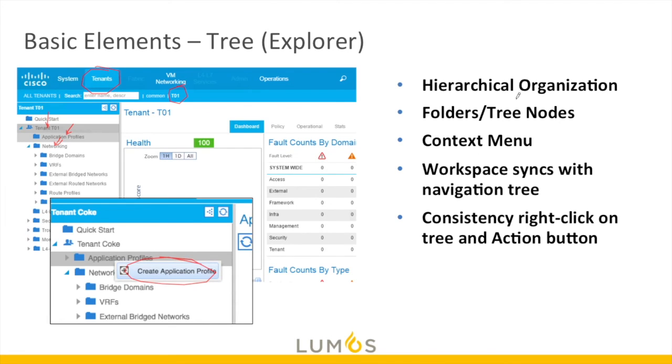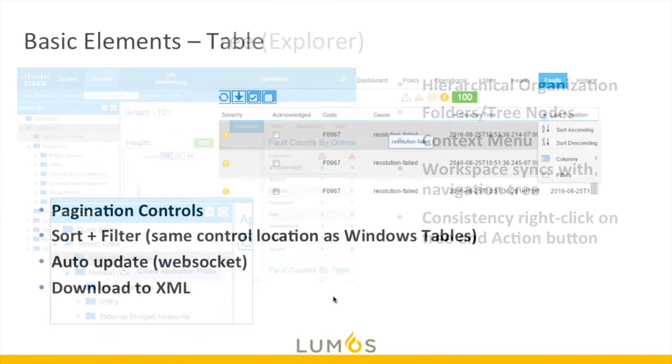So it's hierarchical, folders and trees, context menu, the workspace syncs with the navigation tree, with consistency on right click on the tree and action buttons. For example, if you right click an application profile, you'll see that create application profile button. So if you can create an object, just right click it and it'll show you how.